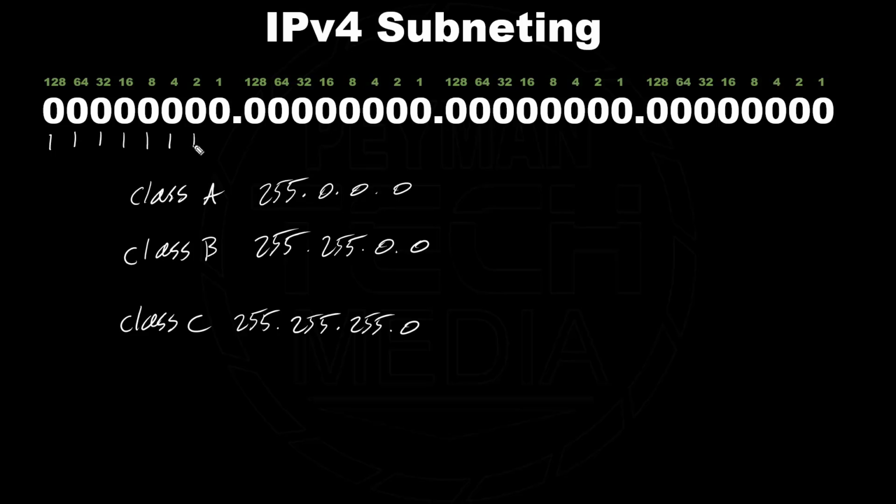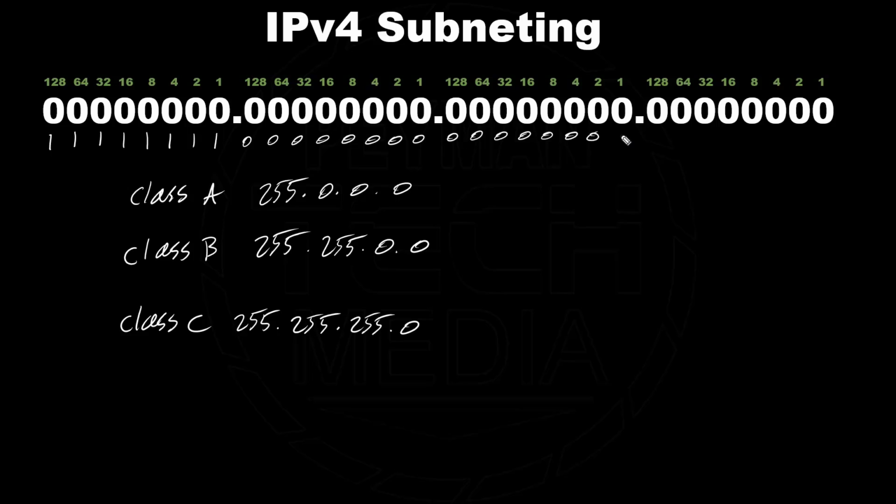Anytime in any octet all the bits are turned on, we add all these decimal values: 128 plus 64 plus 32 plus 16 plus 8 plus 4 plus 2 plus 1, which gives us 255. Previously we talked about how 1 means on and 0 means off. So 1s are network bits and 0s are host bits.